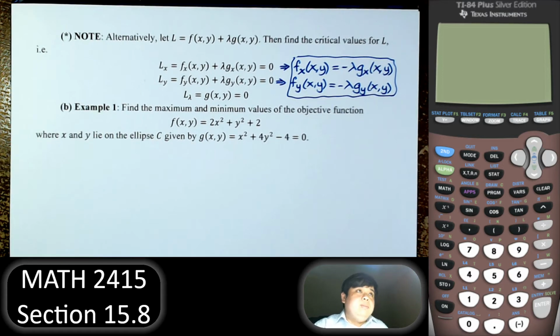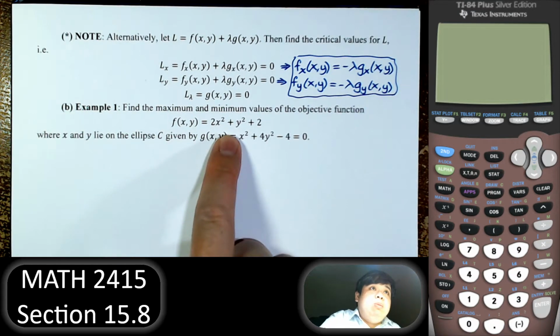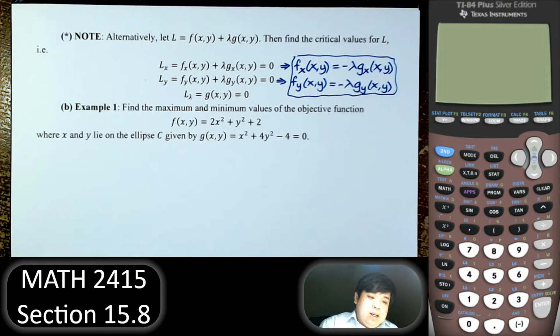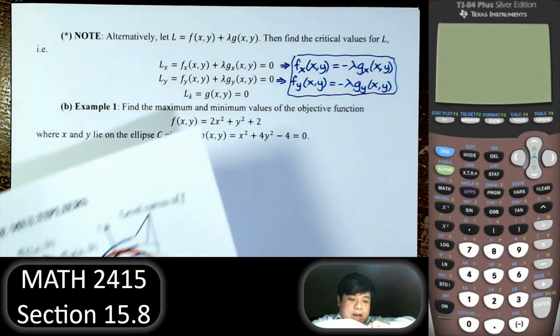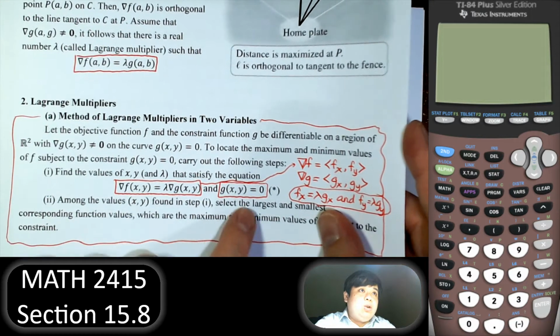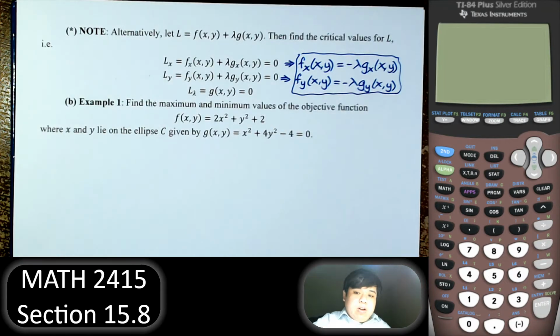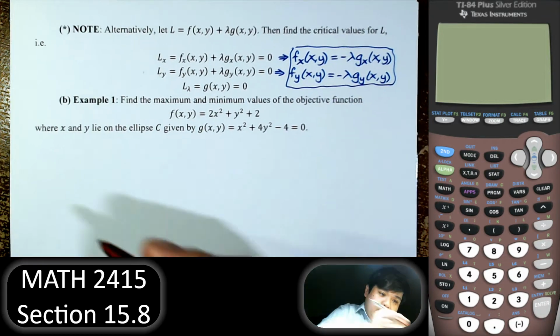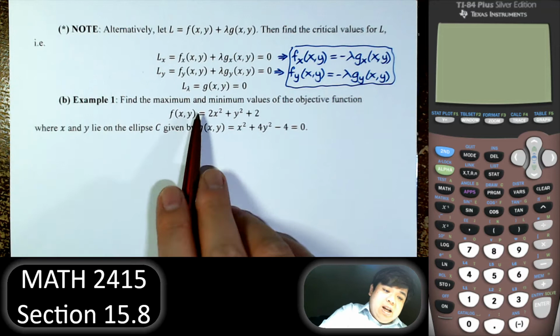Alright, let's find the maximum and minimum values of the objective function. So we try to find the maximum and minimum of that function subject to this constraint. I'm going to use the one that I've asked you to write. First of all, this is g of xy, that is f of xy.